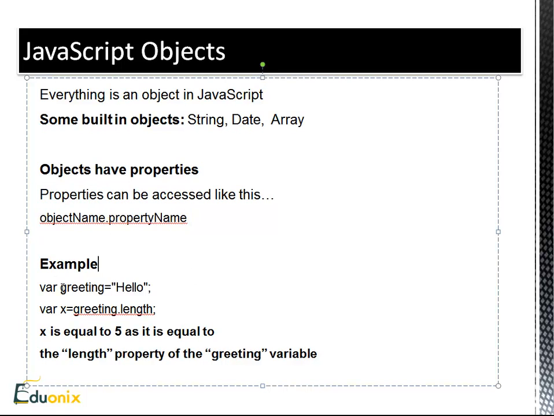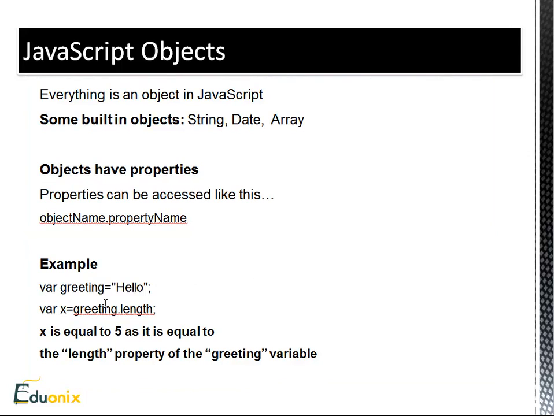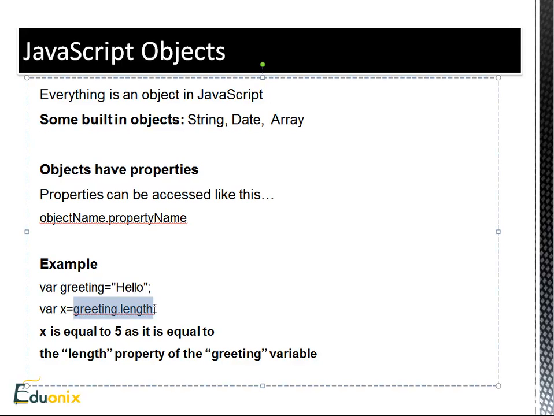Okay, so here's an example. We're using a variable which is a string, hello, and this is an object. This variable greeting is an object. Now here we're saying var x, we're creating a new variable which is equal to greeting.length.